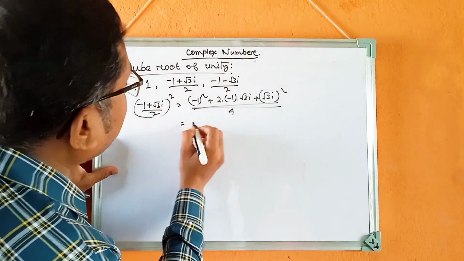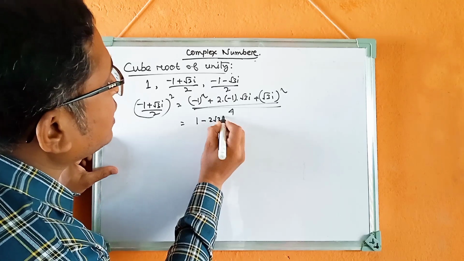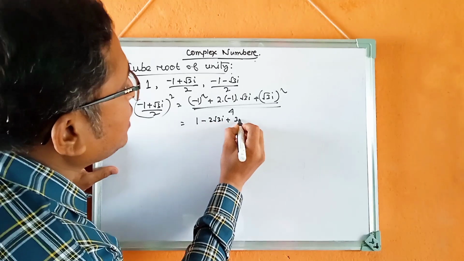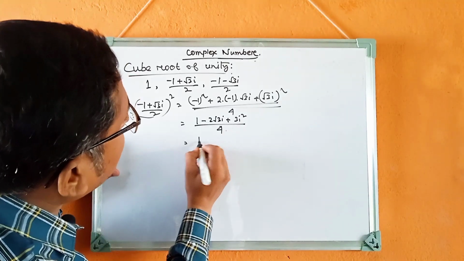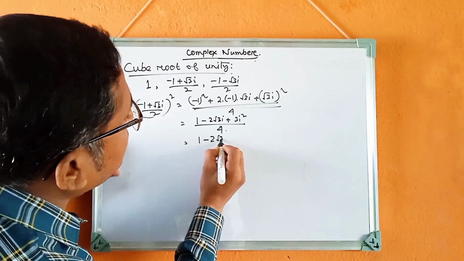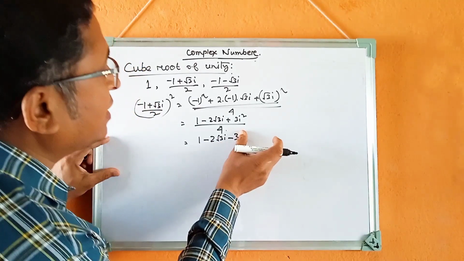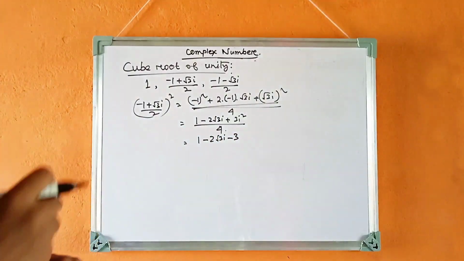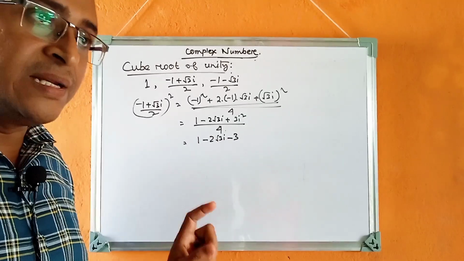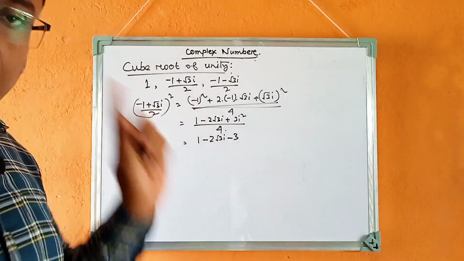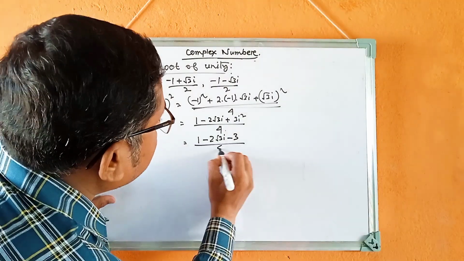Now minus 1 whole square is 1, minus 2 root 3 i, plus 3 i square, divided by 4. Now 1 minus 2 root 3 i minus 3, because what is the value of i square? That is minus 1. So 3 into minus 1 is minus 3, divided by 4.